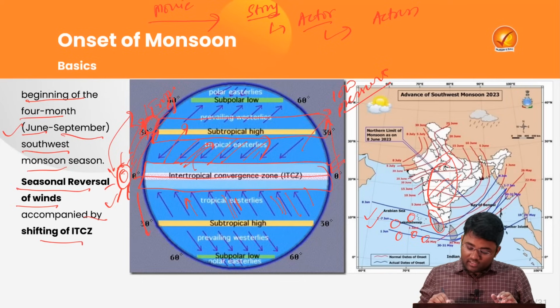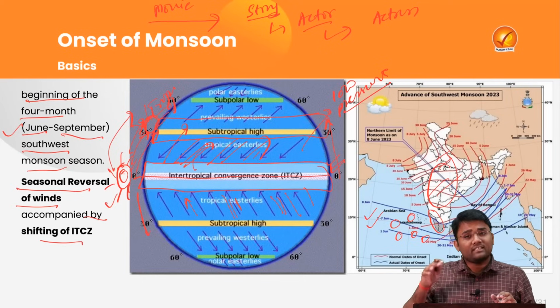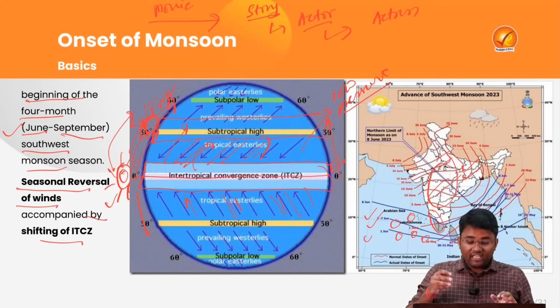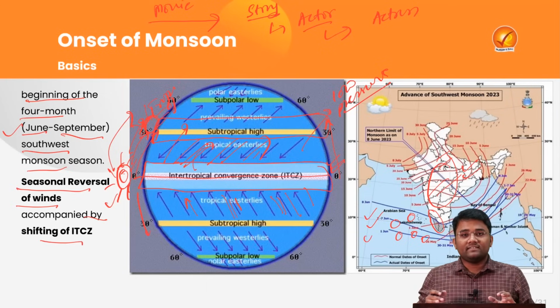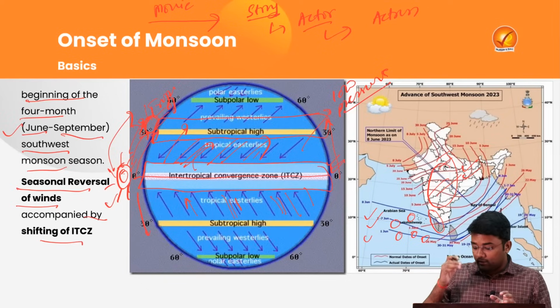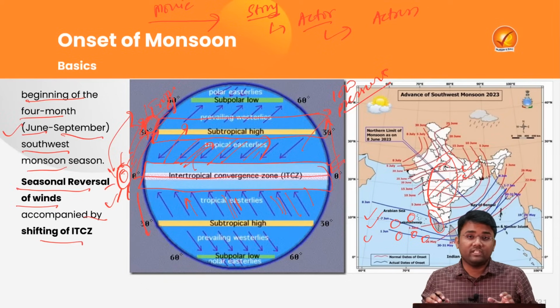Now, when the sun is somewhere near the Tropic of Cancer, the land gets heated, whereas the sea loses its heat at a much slower rate than the rate at which the land is losing its heat.